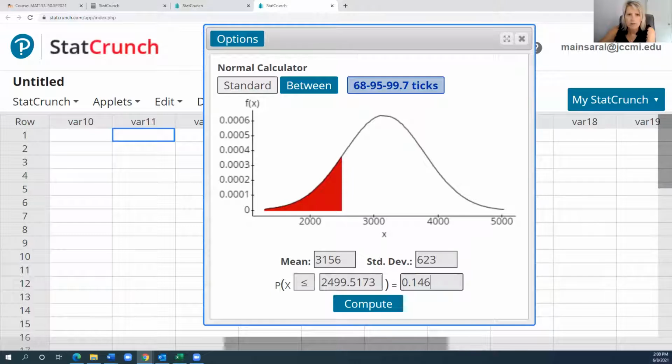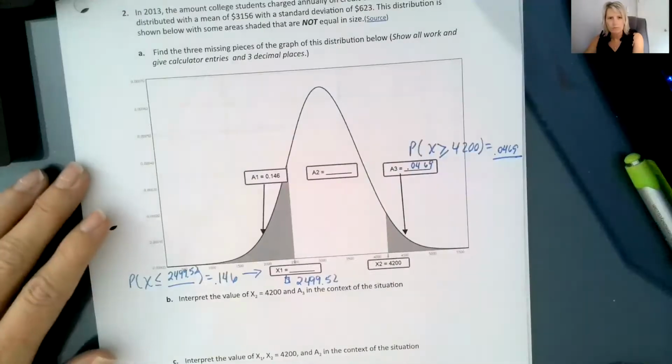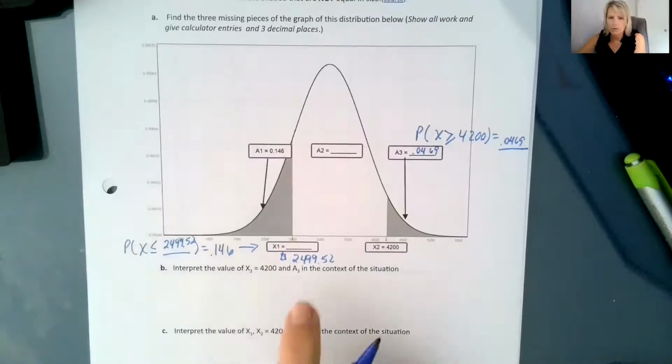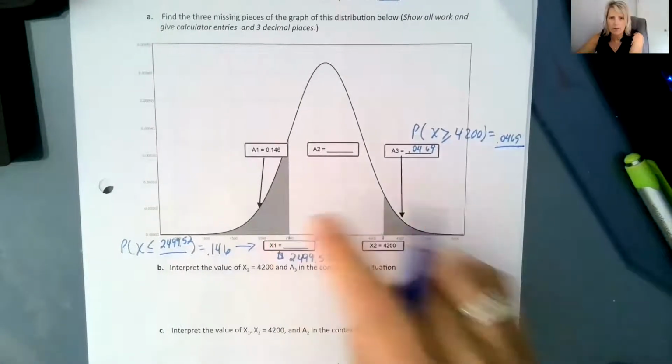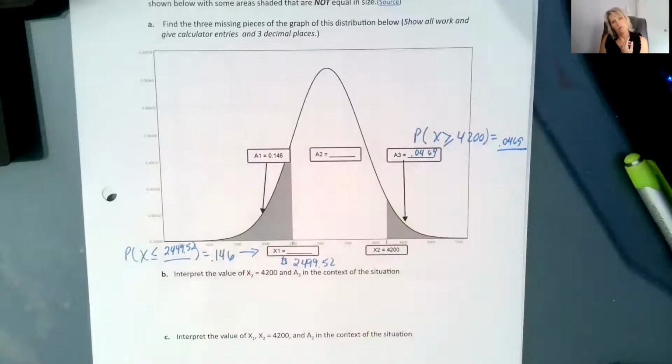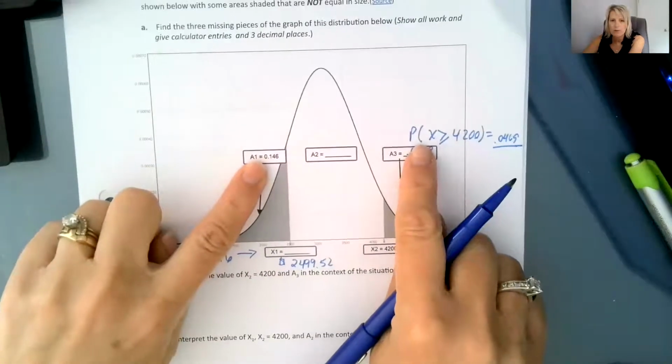Maybe I can share my screen so you can see much. Okay, so you could have started with either of these. Once you know the 2 areas here, you can subtract those from 1.